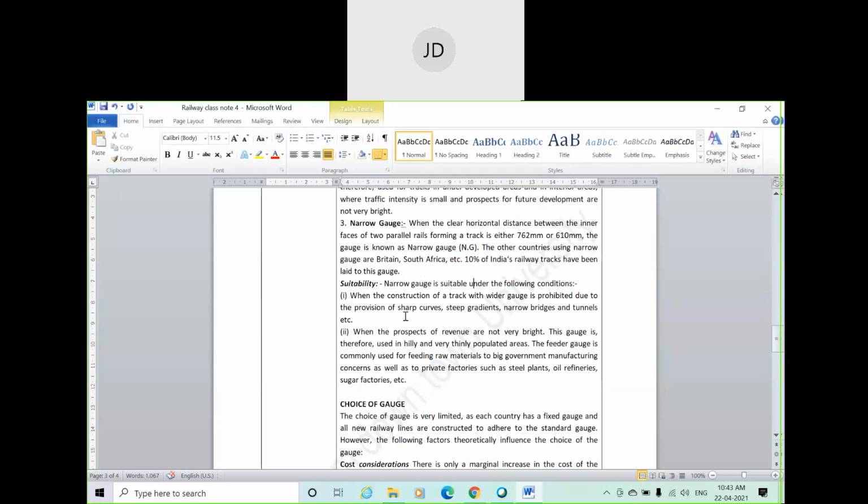If we cannot go for meter gauge or broad gauge due to natural restrictions, like a very steep gradient, or too much curve, or through a bridge, or if you are going to lay a rail through a tunnel, then we can go for narrow gauge, a smaller width railway track.